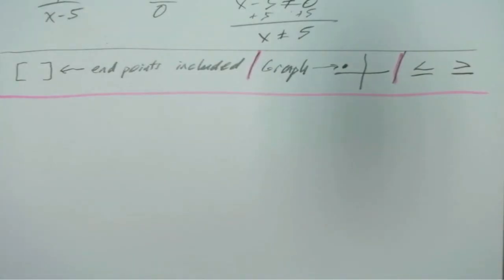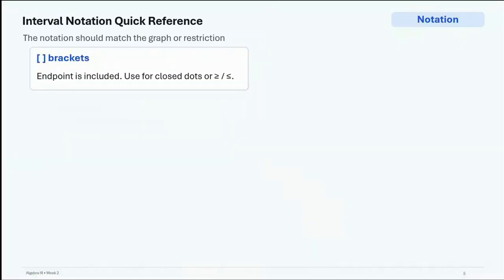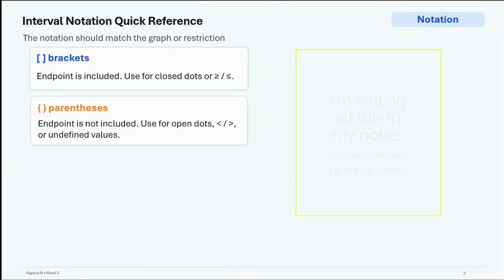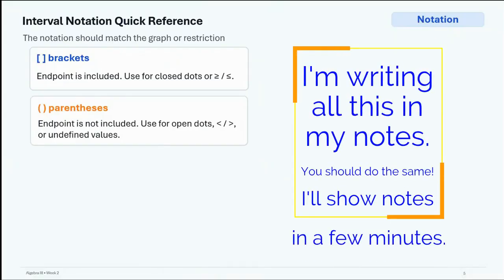The next thing we would have would be the parentheses. So let's add that to our notes. If we're using parentheses, the end points are not included.